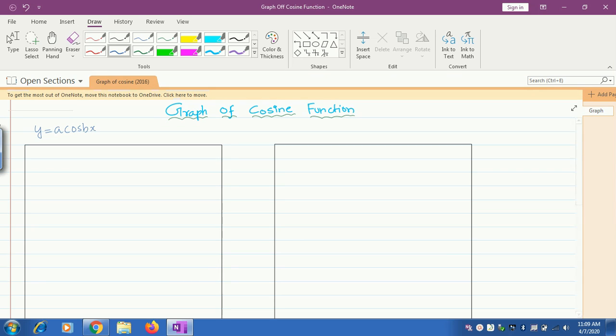What is the amplitude? The amplitude is the same as in the sine function, so it is absolute a, and the period is 2 pi over absolute b. This is the same rule.